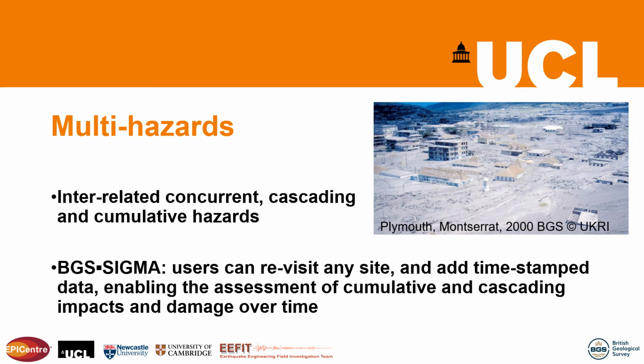They can revisit a site as many times as needed in between events, for example in between ashfall events, and see the cumulative build-up of those events and what that damage is. It allows that kind of dynamic assessment, which gives it quite good potential for what could be done with it in the future.